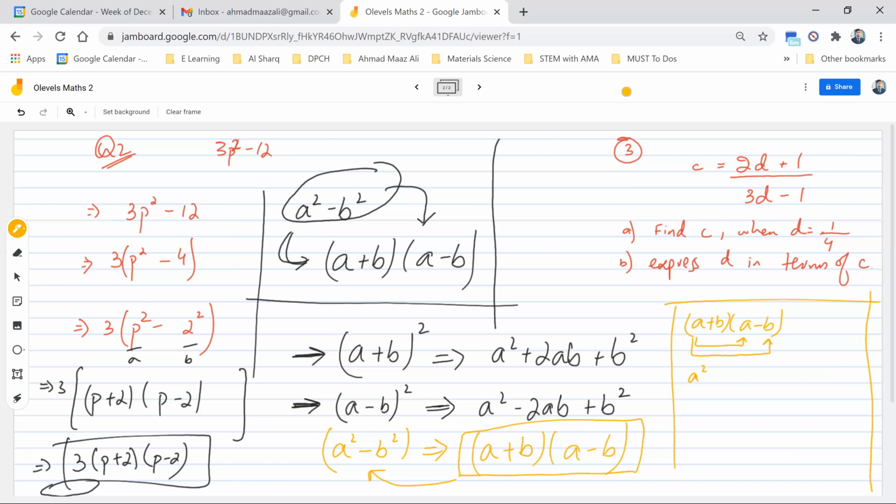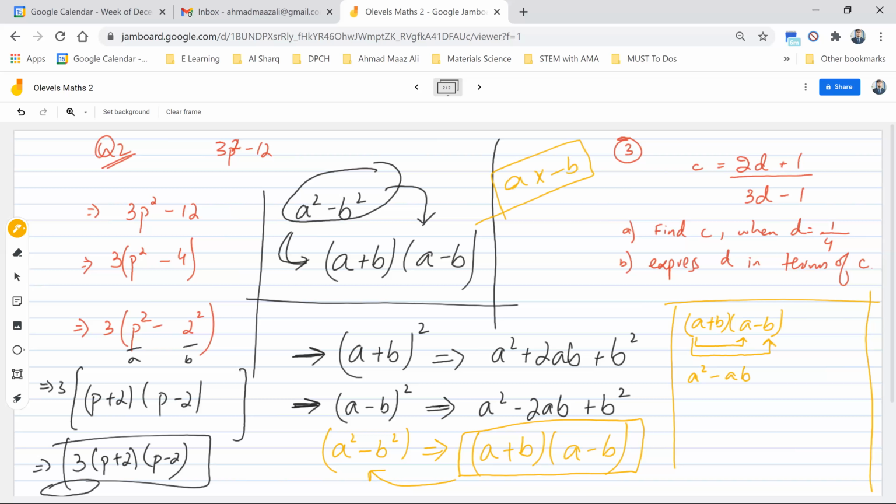What do we get? A times minus b is minus ab.